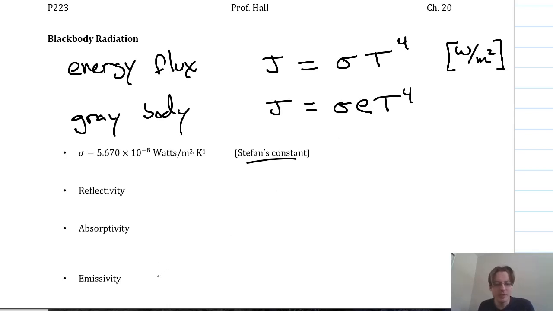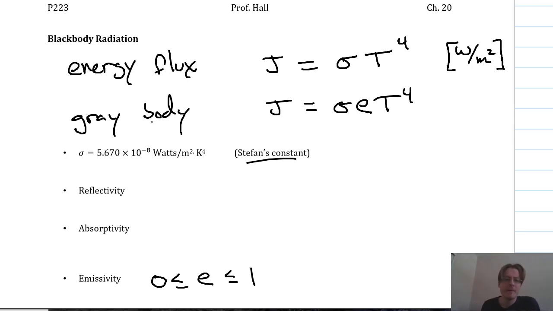The point is the value of E can range from 0 to 1. It's like a percentage. Something which is 100% optimal in terms of its emission of radiation, E is equal to 1. If it's terrible, it's near 0 and hardly emits anything when it's warmed up. So we call that E value the emissivity, how good it is at emitting radiation.